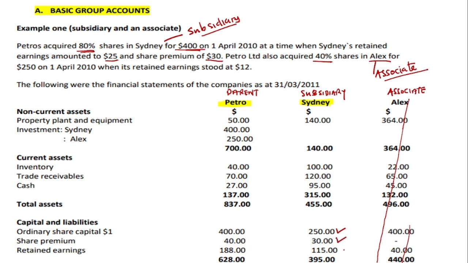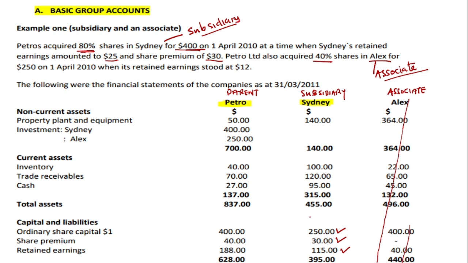Retained earnings, you have 115. So this is the area where you concentrate. Remember, when you are acquiring shares in the company, or you are taking control, it's actually the shareholding, or the net assets that you are taking, that are represented. The heading says net assets, but these are represented by the share capital, share premium.